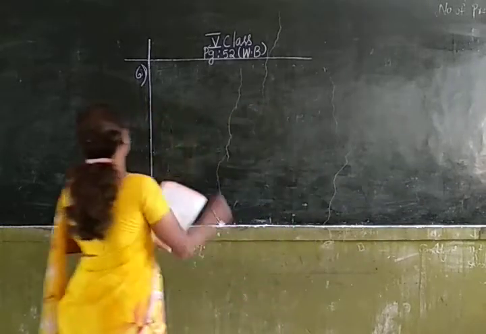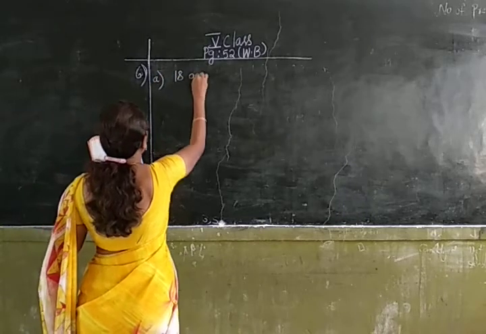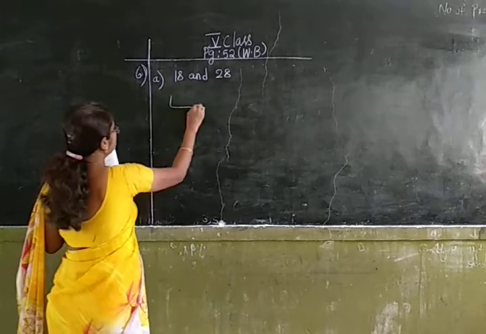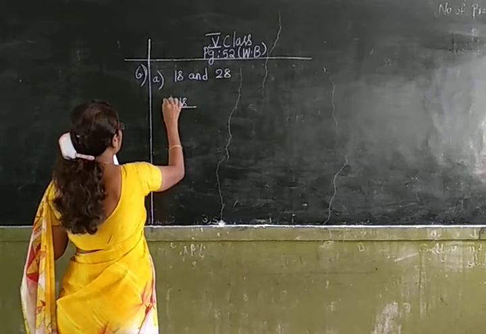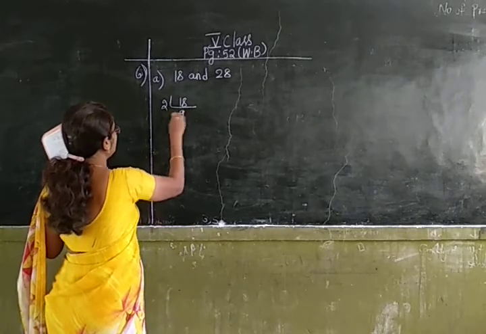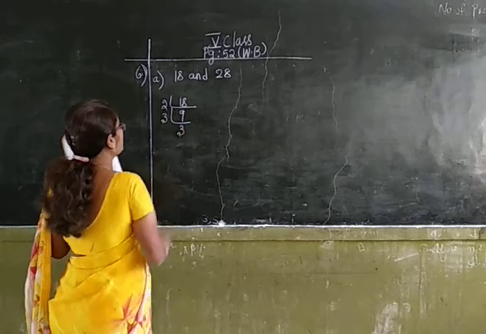Okay children, I am doing the A sum. 18 and 28. First we have to prime factorize 18. Let us take the 2 table. 2 goes in 18 9 times. 3 goes in 9 3 times.